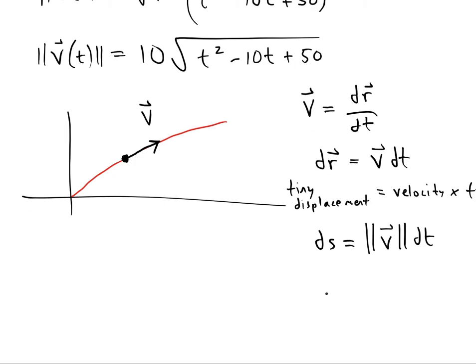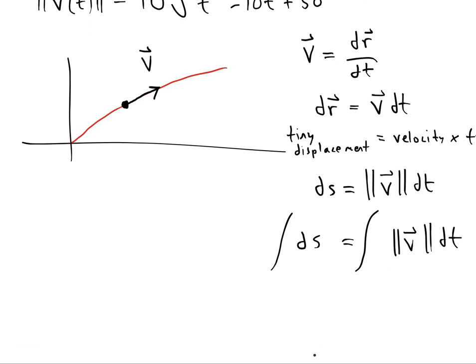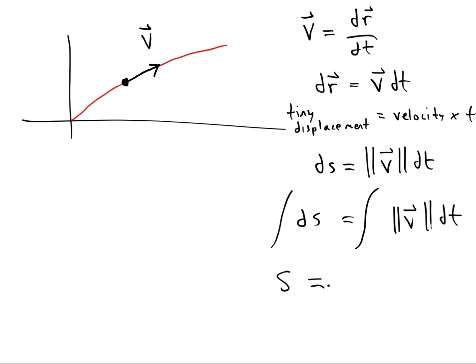Now what you want to do is integrate both sides of this. In other words, the total arc length can be found by integrating the speed of the projectile with respect to the time variable t, going from some initial time to some final time.